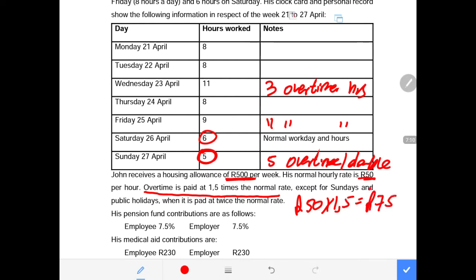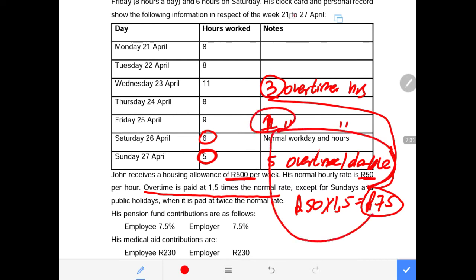That means per hour, when the employee works overtime, he gets paid 75 rand. We are referring to the Wednesday of the 3 hours and the Thursday of the 1 hour. For those hours, this employee will be paid 1.5, which is 75 rand.